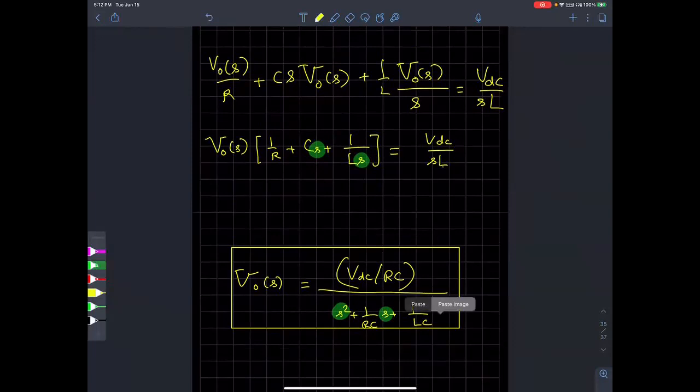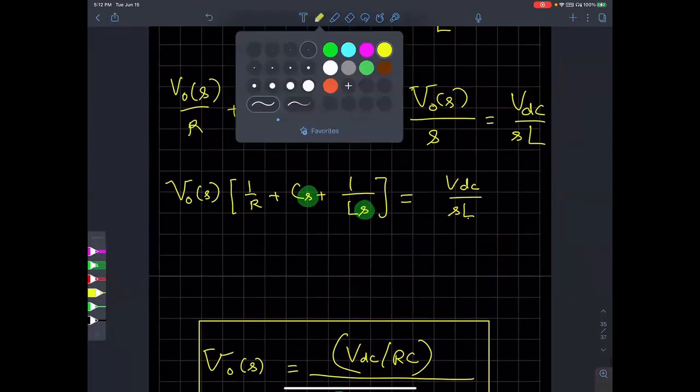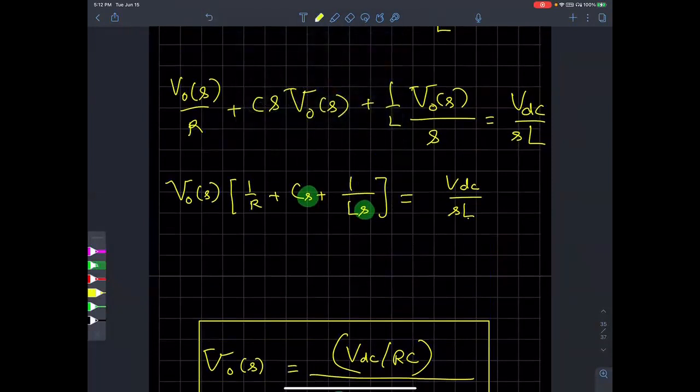Does it make sense? So what we have is polynomial equations. You can massage this. You can multiply both sides by L and both sides by R, and so on and so forth. If you multiply both sides by R, you get this RL, you get this RLC, and then you get this L over here.